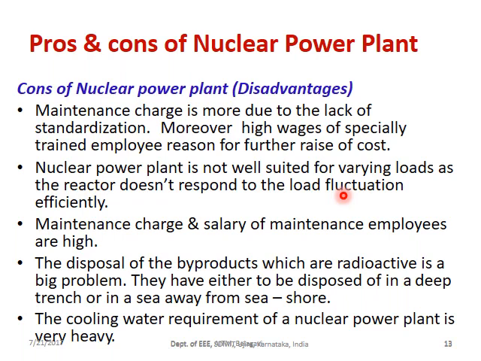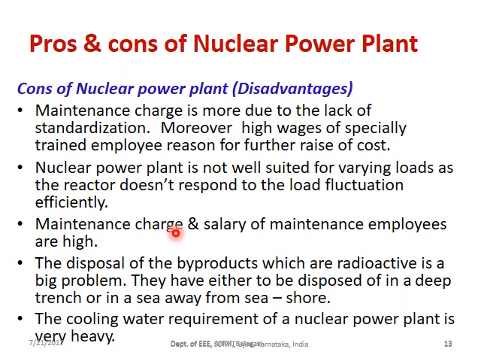So we want a stable load whose current-carrying capacity will remain the same throughout the function. For that reason, nuclear power plants are not suited for varying loads. And moreover, the maintenance charge and the salary of maintenance employees are high.